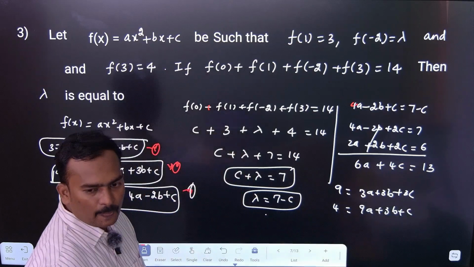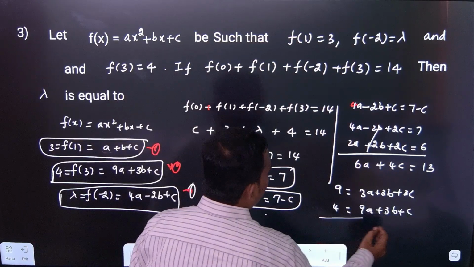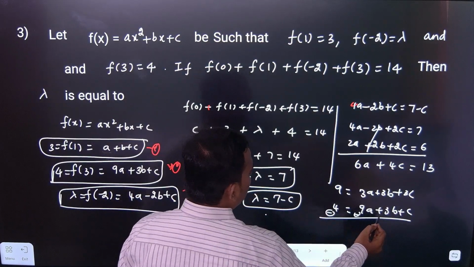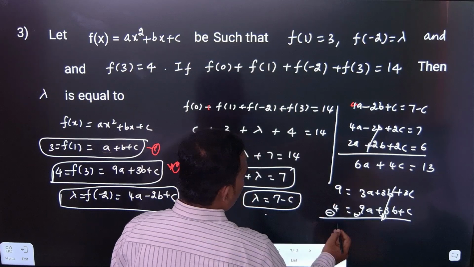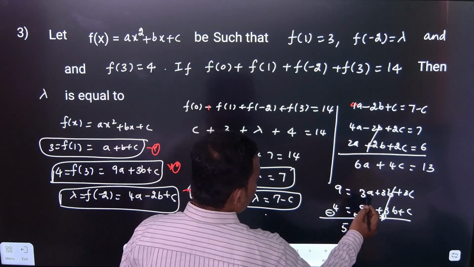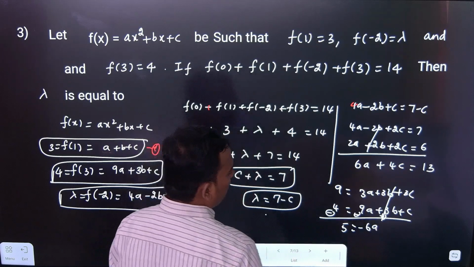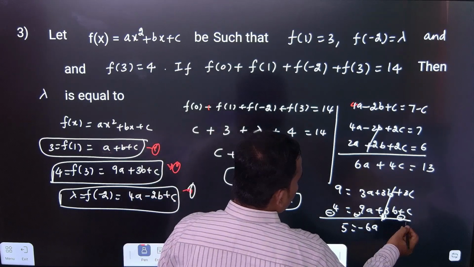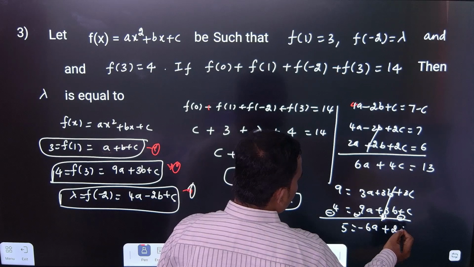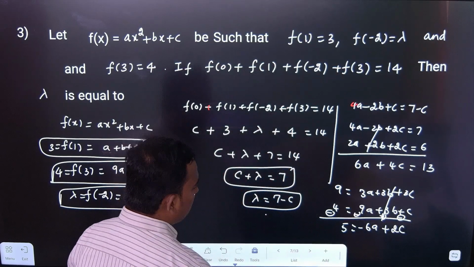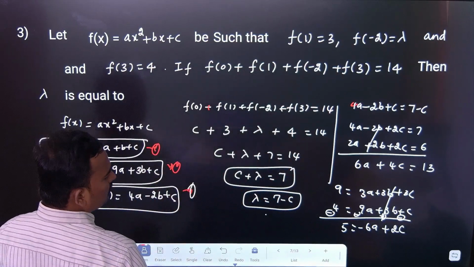You can eliminate b here, subtract this one, then it will be cancelled. 9 minus 4 is 5. So here is minus 6a, right? Here will be plus 2c, right? Correct? You can solve this equation.